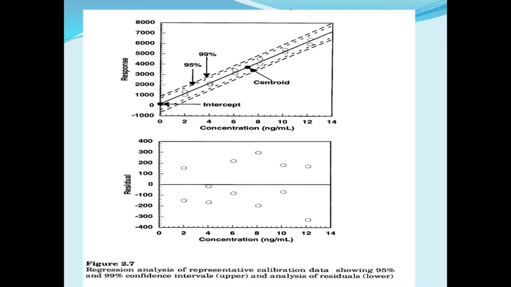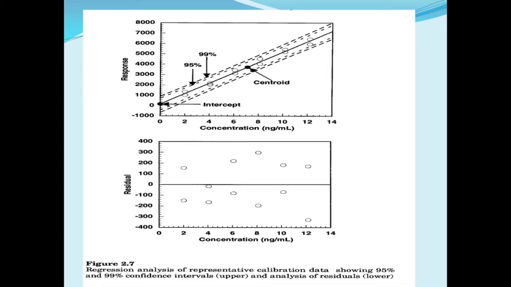Figure 2.7 shows the result of a hypothetical experiment to establish the relationship between the peak height obtained by a technique such as liquid chromatography and the concentration of analyte injected.